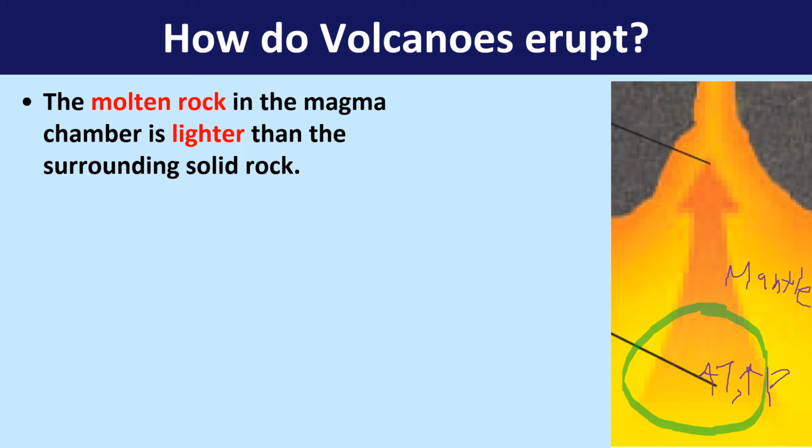That's why most of the rock material is molten. It's not entirely solid. It's very close to a liquidy solid. So the molten rock in the magma chamber actually moves upward.